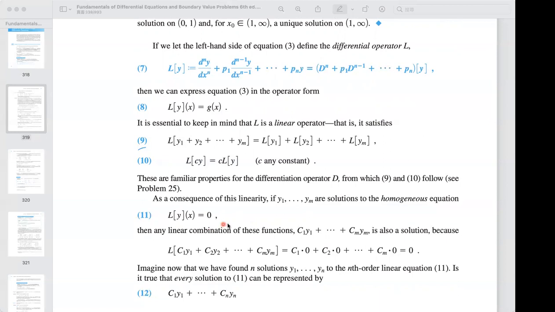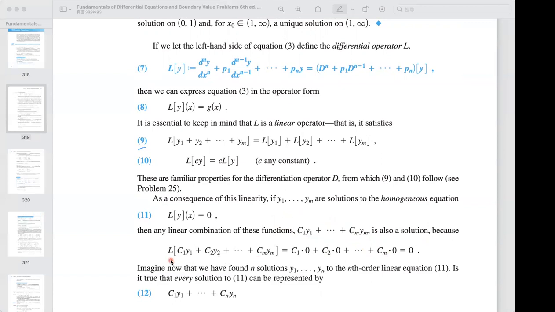Okay, so assume y1, y2, dot dot dot, ym are all solutions to the homogeneous equation. Then any linear combination of these functions, that is c1 y1 plus c2 y2 plus dot dot dot plus cm ym, is called a linear combination of these functions, 线性组合. As we know from linearity, it is also a solution. This can be proved very easily.